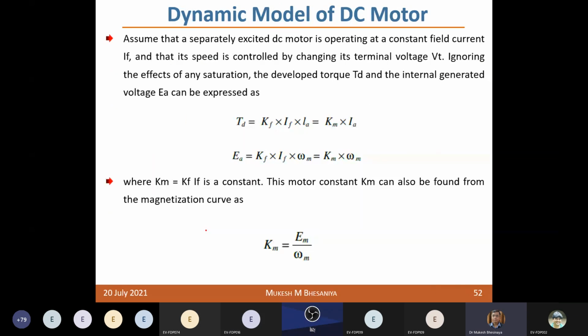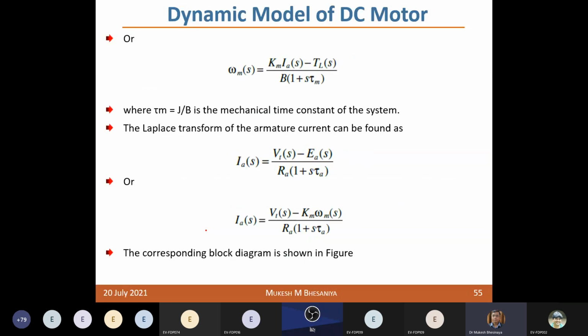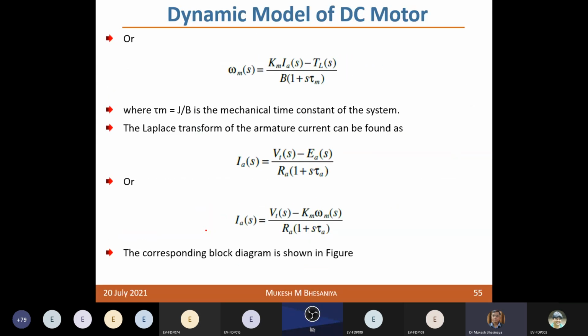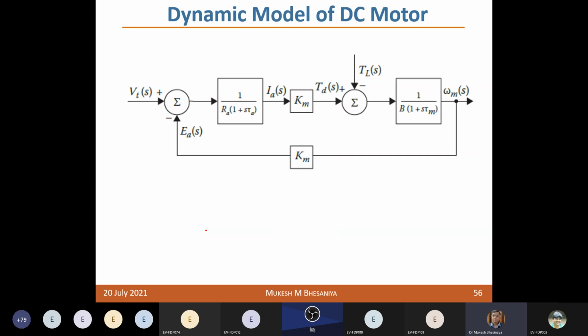I'm not going into much detail now, as I already mentioned. Those who are doing some mathematical analysis or simulations, instead of using the ready-made models given in the simulation software, can also develop your mathematical model in this way. This is one dynamic model of a DC motor.